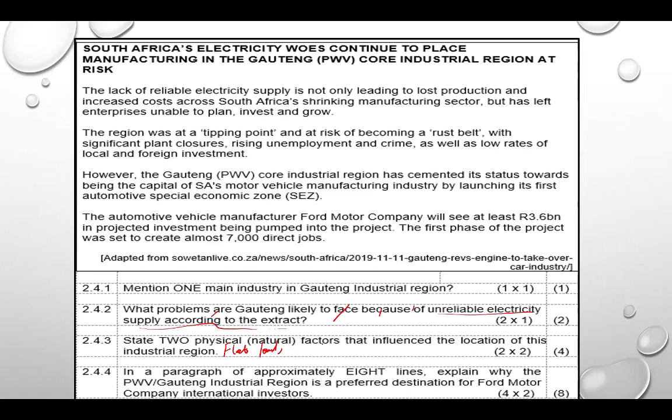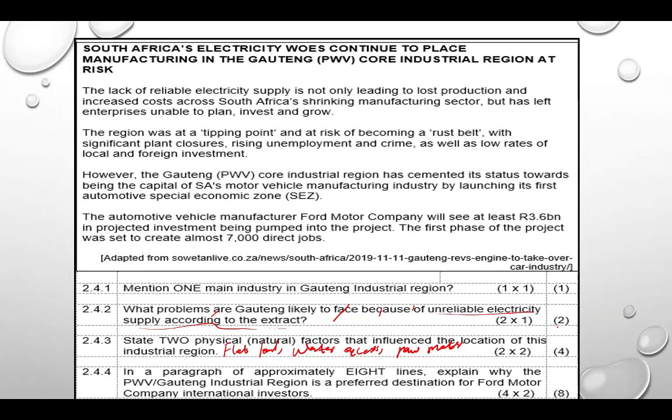You can talk about water access. You can talk about raw materials, because the question does not say according to the extract. So you can refer to the extract, and you can also bring in the knowledge that you know about factors that favor industrial development.